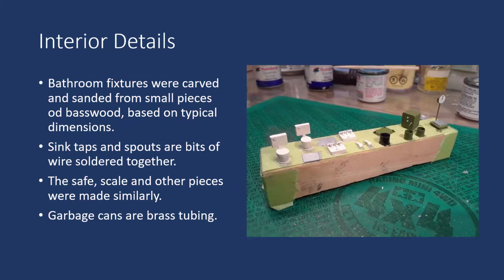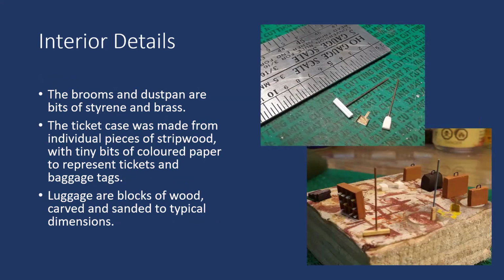Bathroom fixtures were carved and sanded from small pieces of basswood and are based on typical dimensions. The sink taps and spouts are bits of wire soldered together. The safe, scale, and other pieces were made similarly. The garbage cans are brass tubing. The broom and dustpan are bits of styrene and brass.